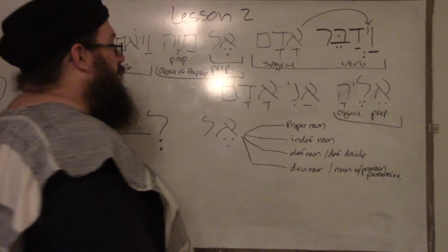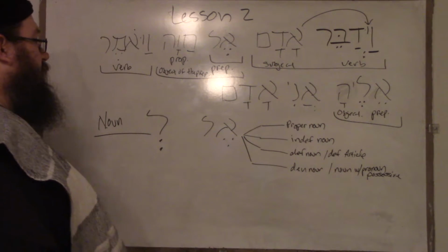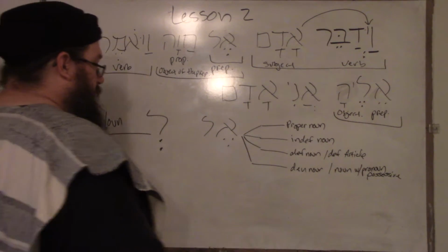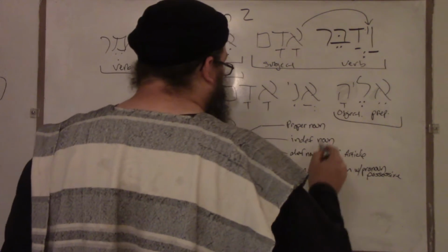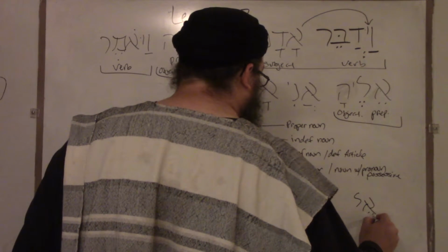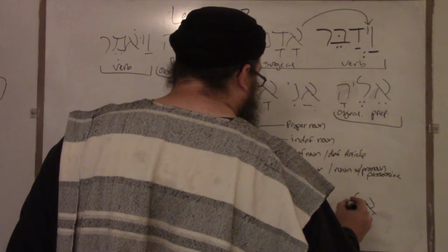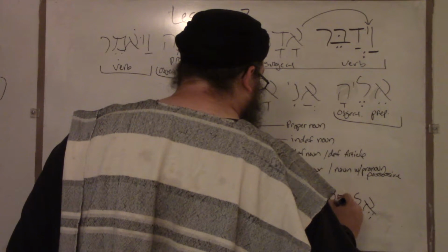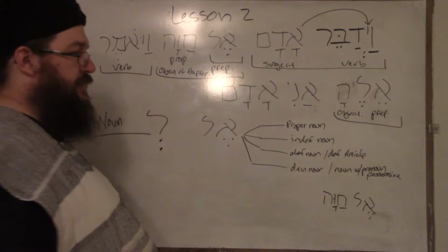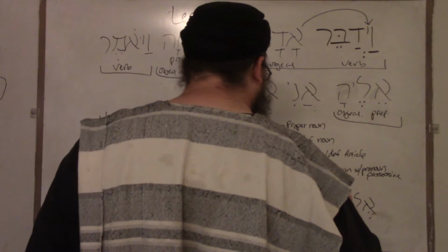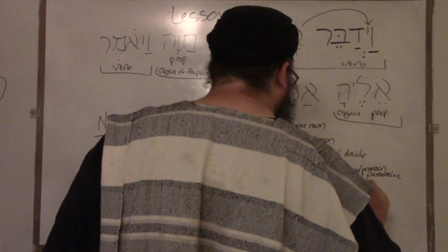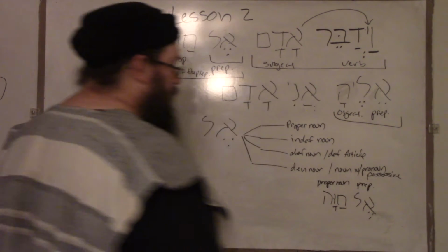Okay? So if I have this, what does this look like? Okay, so let's look at this thing. Proper noun we have up here. We'll write it up here. El, and then we're going to put Chava. So el Chava. So here's my proper noun, okay? And here's my prep. Alright?